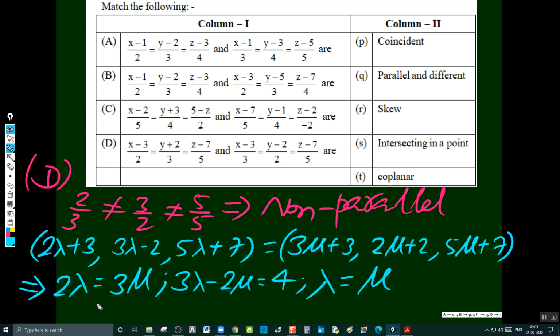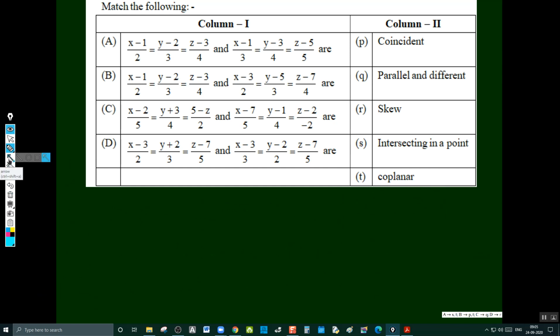Here itself we can understand. Lambda is equal to 3 by 2 mu, lambda is equal to mu, how is it possible? It's not possible. And hence, there will be no point of intersection. They are neither parallel nor intersecting, and hence, we can say that these are skew lines.